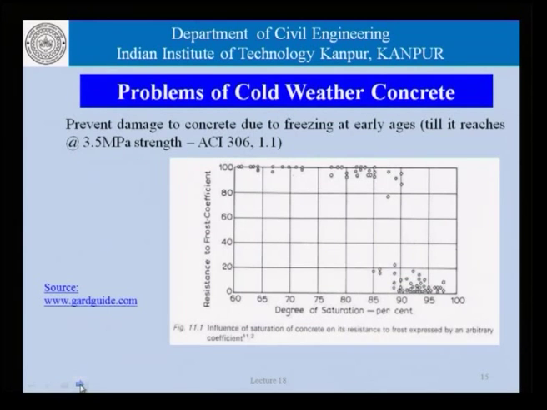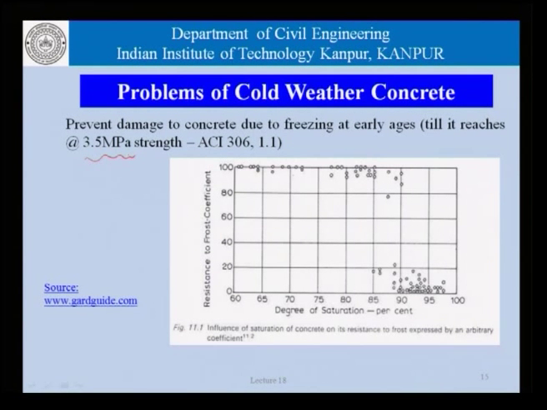This here is another picture which shows, in order to prevent damage to concrete due to freezing at an early age, we need to ensure that at least till a strength of about 3.5 MPa is reached, the concrete needs to be really protected.